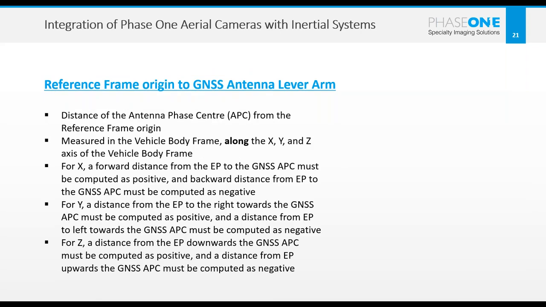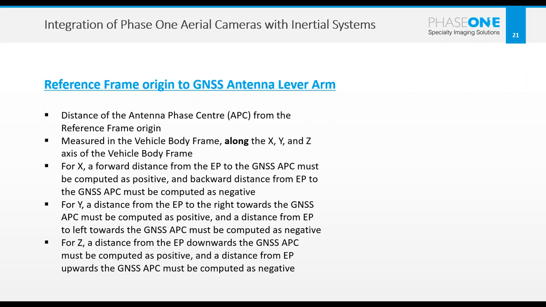So finally, the reference frame origin to GNSS antenna lever arms: this is the distance of the antenna face center from the reference frame origin, from the entrance pupil. It is measured in the vehicle body frame, along the X, Y, and Z axes of the vehicle body frame, not along the X, Y, Z axes of the camera or the reference body frame.